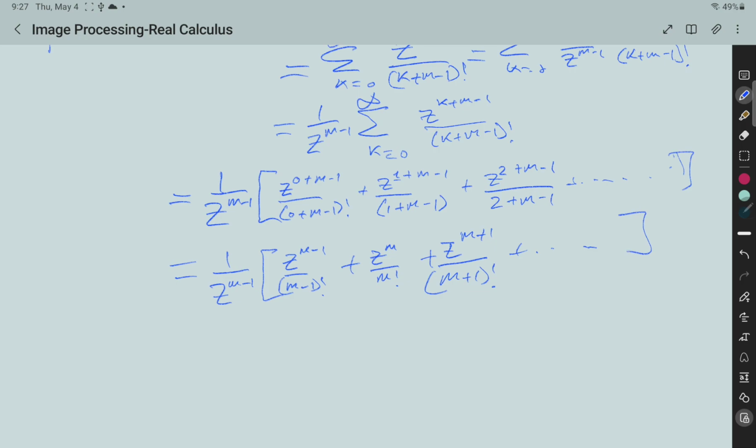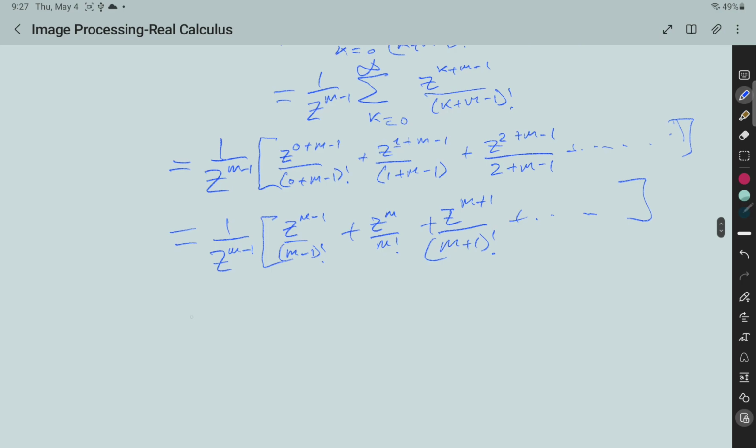All right, so the only thing that is missing to make it an exponential sum is, I need to add in, let's see, the 1 over z^(m-1) is in the front here.